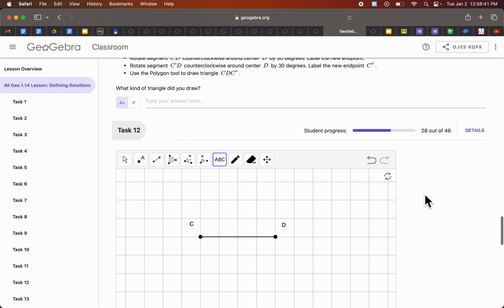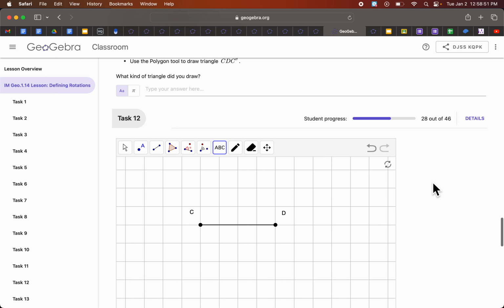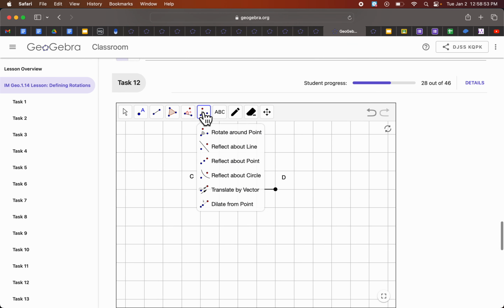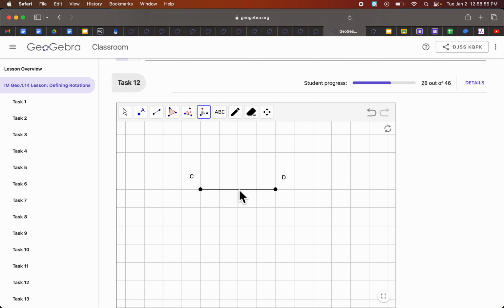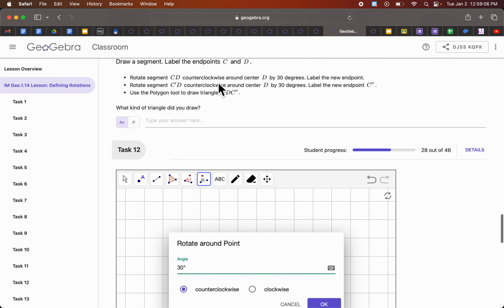Then it says rotate segment CD counterclockwise around center D by 30 degrees. Okay, so that's this tool here. Rotate around point. Rotate this line segment CD around this point, and it said 30 degrees, and I think it said counterclockwise.